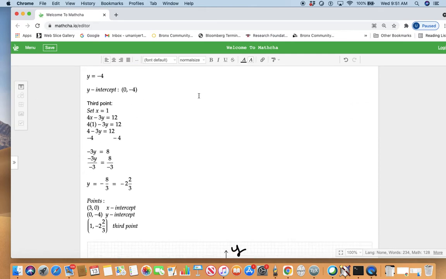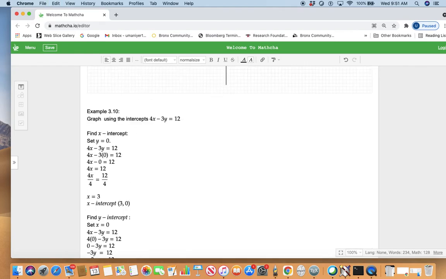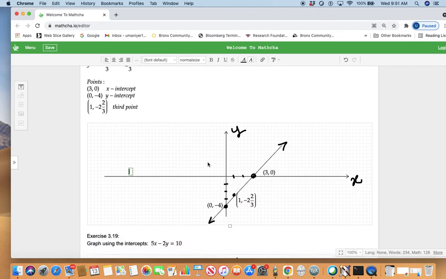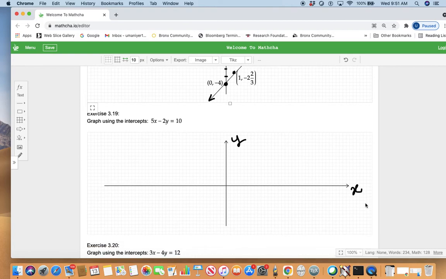And the line in question is 4x minus 3y is 12. That's your graph.